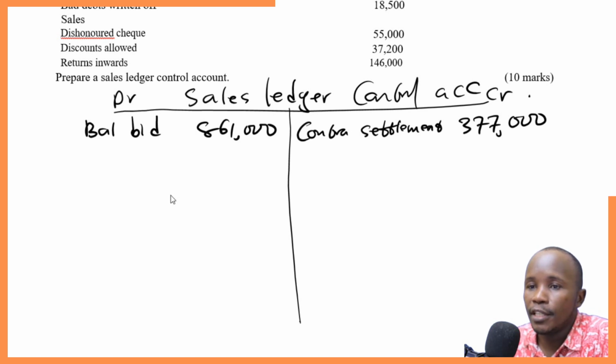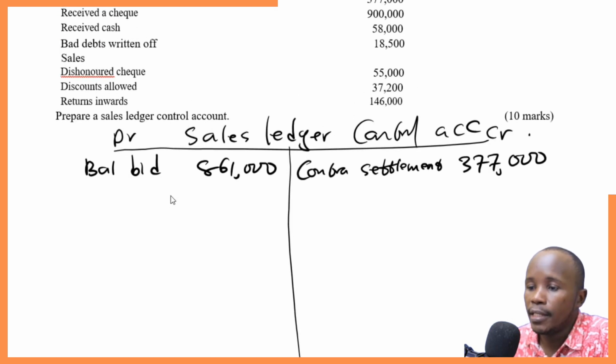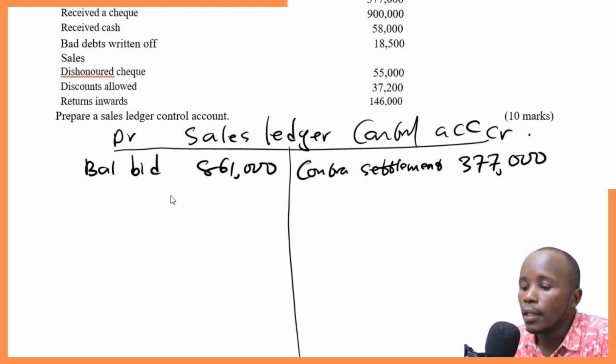So once you receive a check from the bank, this we can call a bank check. This is how much? 900,000.